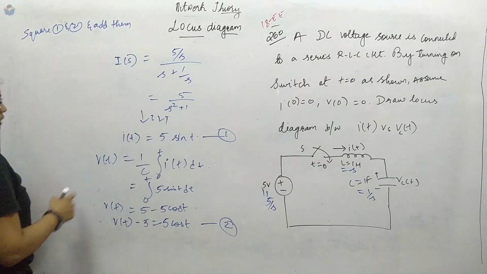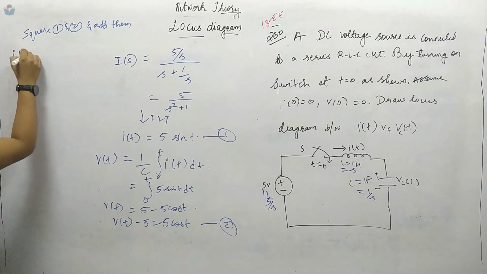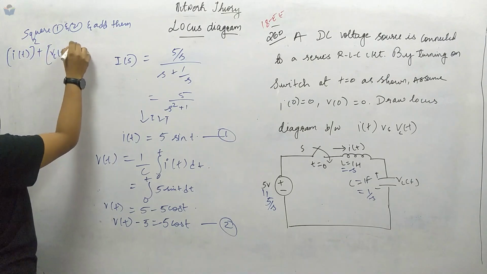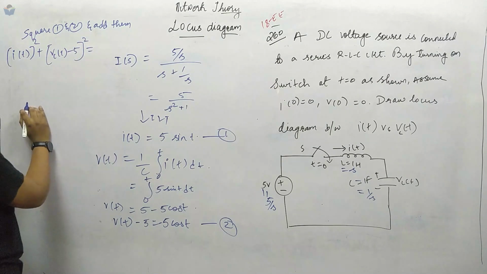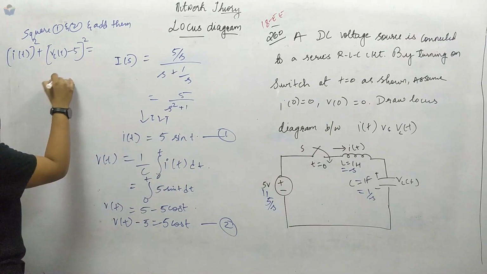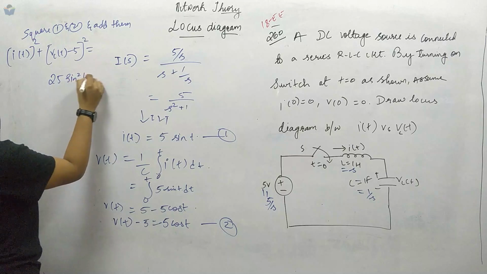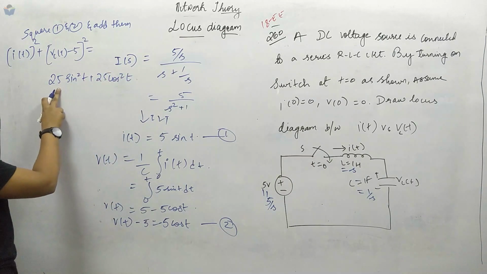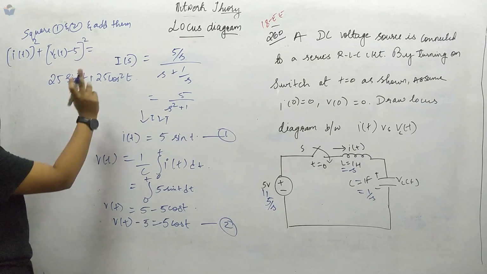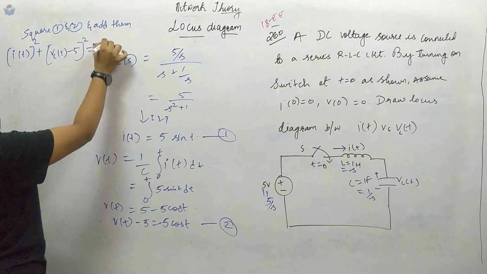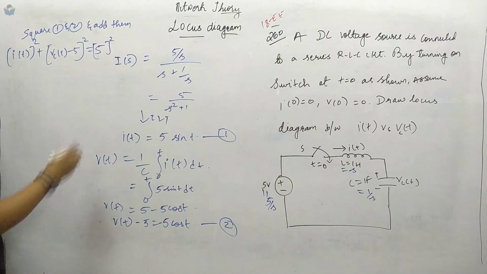So when you do that, you will get I of t square plus Vc of t minus phi whole square equal to phi square, that is 25 sine square t plus 25 cos square t. When you take 25 as common, sine square t plus cos square t will be equal to 1. So you are left with 5 square.